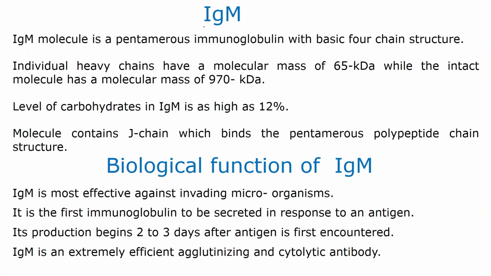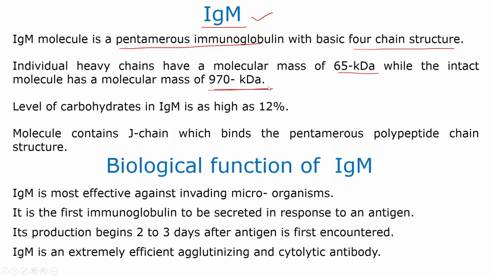Now, some points about immunoglobulin M. It is a very important immunoglobulin, of the highest significance for a dairy technologist. The IgM molecule is a pentameric immunoglobulin with the 4 basic chain structure that we have already seen. Individual heavy chains have a molecular mass of 65 kilodalton, while the intact molecule has a molecular mass of 917 kilodalton.